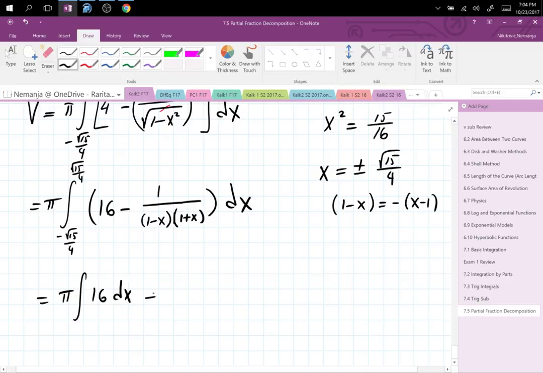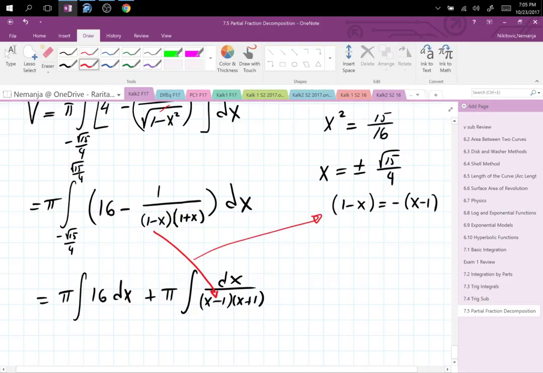And now the second integral is plus pi integral of 1 over x minus 1, x plus 1, dx. Because when you flip, you have to observe that.